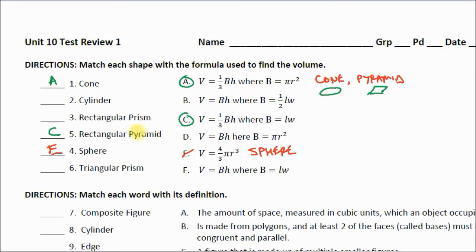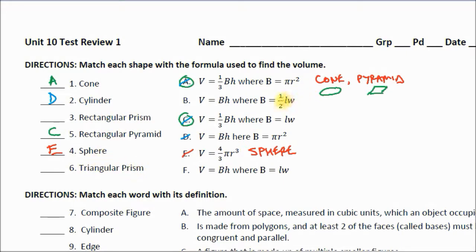So now we're down to 3. Cylinder, rectangular prism, triangular prism. Well, cylinder is pretty easy to pick out because a cylinder also has a circular base. And so base times height, where base equals pi r squared, that's going to be a cylinder because it has a circular base. So D has to be cylinder. Now we're down to rectangular prism and triangular prism.